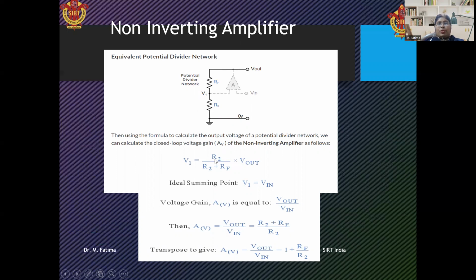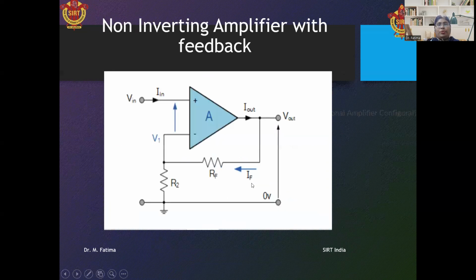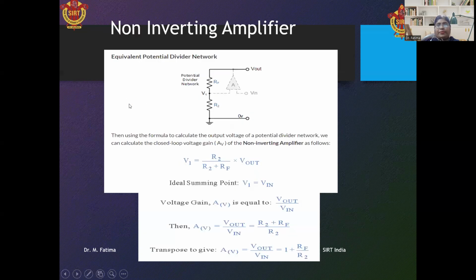So V1 is equal to R2 upon R2 plus RF multiplied by Vout. Now, because of the ideal summing point, this V1 becomes equal to Vin. So put V1 equal to Vin here. So Vin equals R2 upon R2 plus RF into Vout.